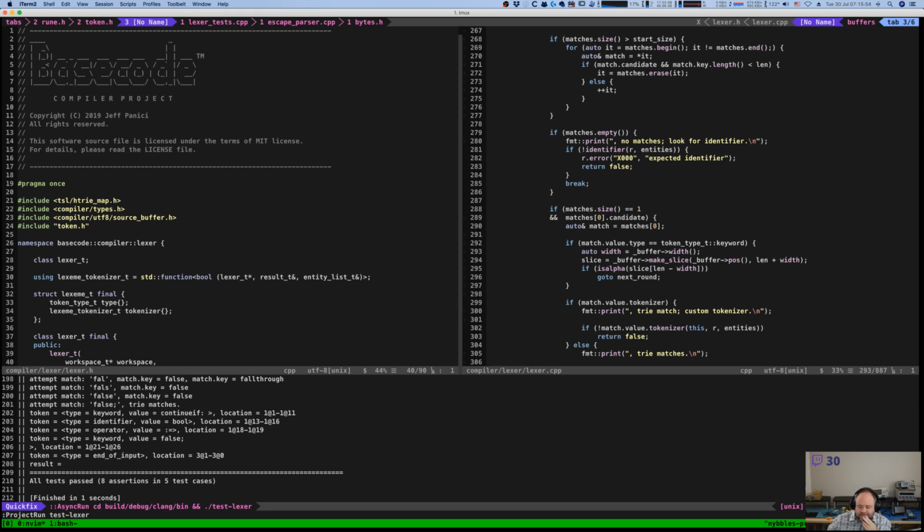Oh, yeah. It's still seeing it as a keyword though, because why? And it's getting the colon. Is colon considered an alpha? I think it is.